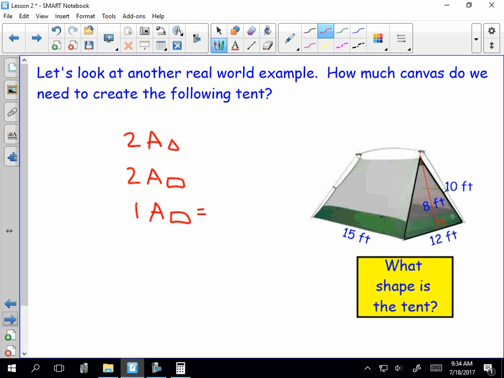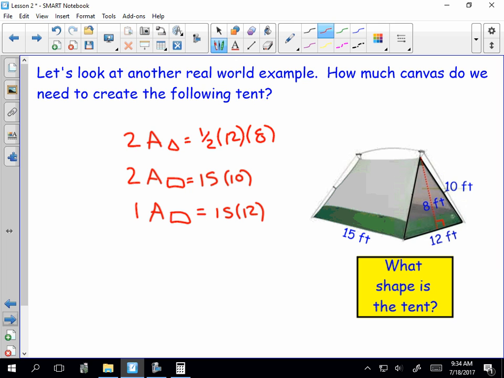Okay, the bottom is 15 by 12. The 2 sides that we have are 15 by 10. And the 2 triangles that we have, 1/2 base of 12 times the height of 8.